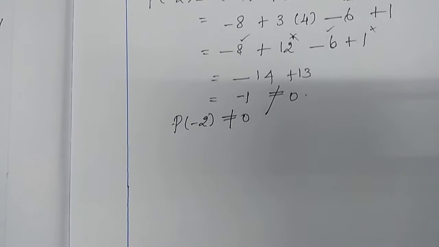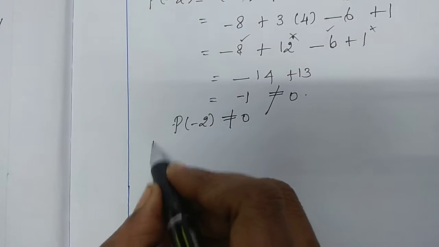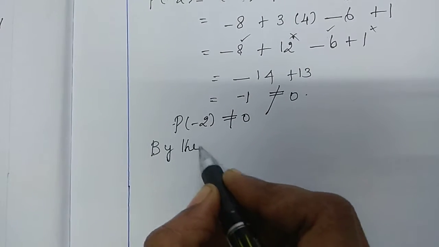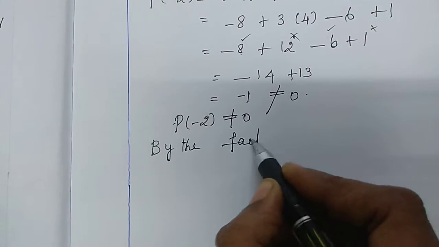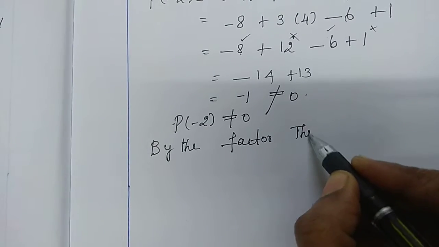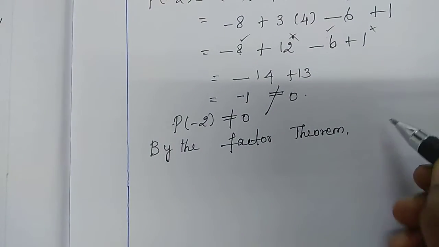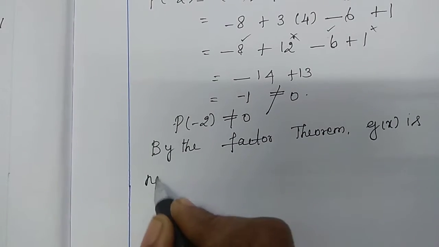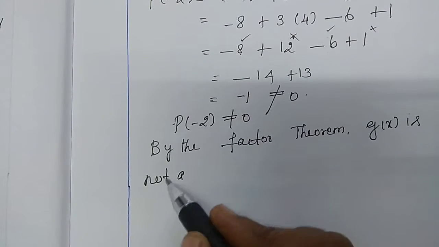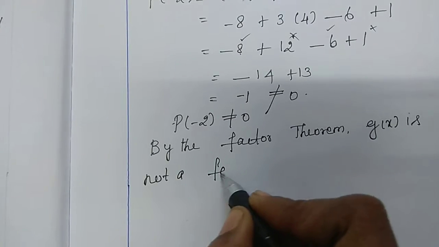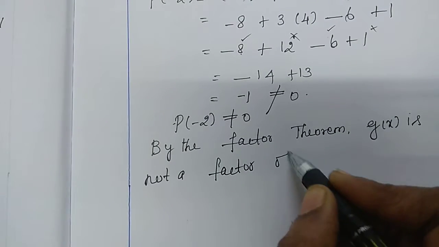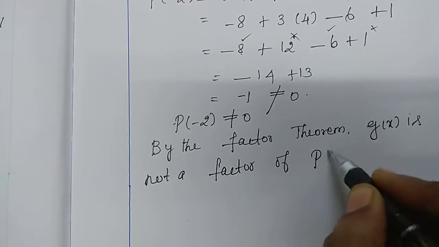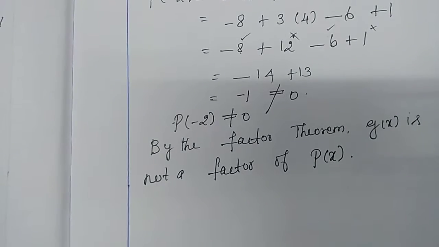By the factor theorem, g of x is not a factor of the polynomial p of x.